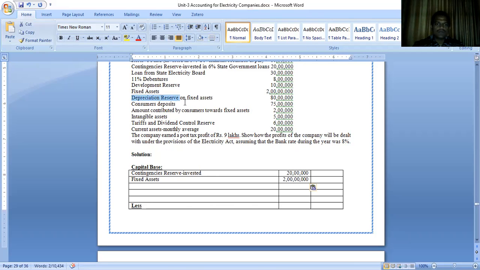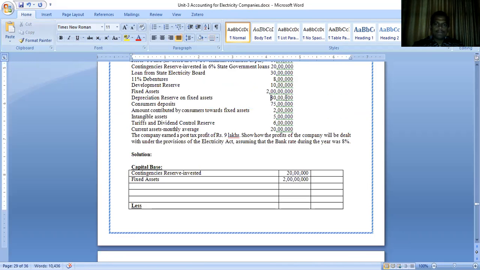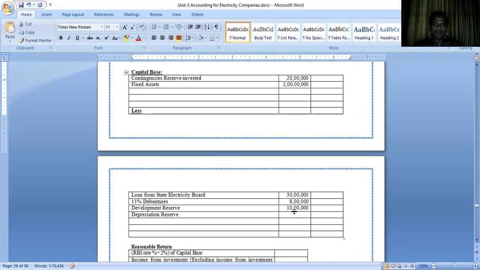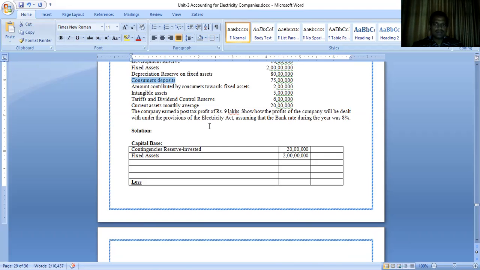Depreciation reserve 80 lakhs. So customers deposits 75 lakhs.